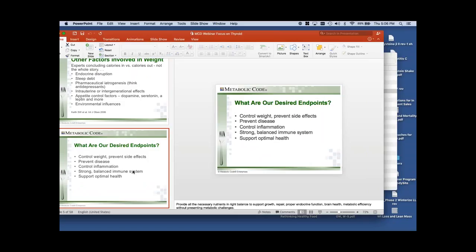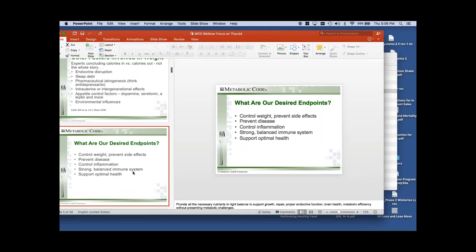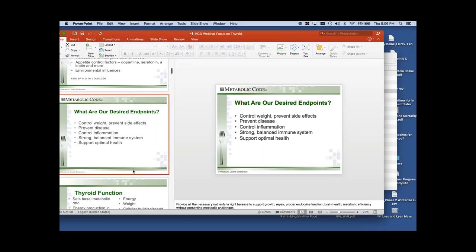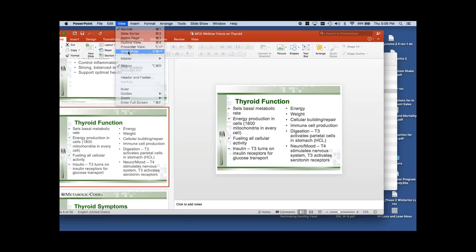We want to prevent side effects such as muscle loss that occur on calorie control diets. With every diet we're trying to prevent disease and control weight, but if you can't prevent side effects in the process, then you've done more harm than good. We also look at making sure that we're paying attention to the immune system, and of course that's where gut health comes in, and that way support overall optimal health.